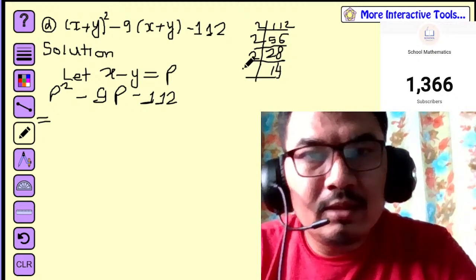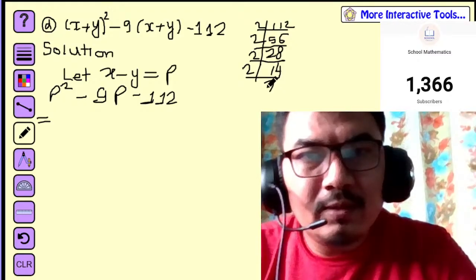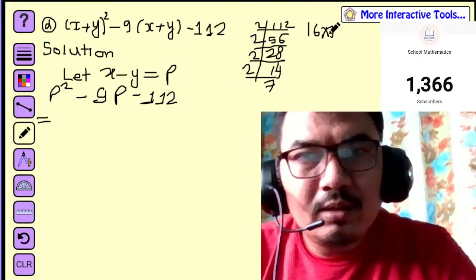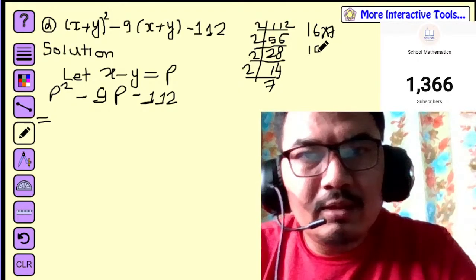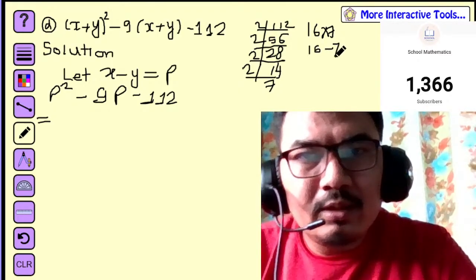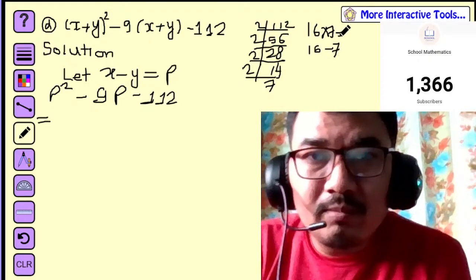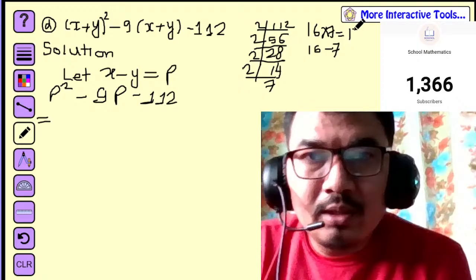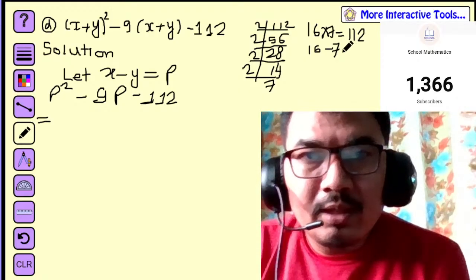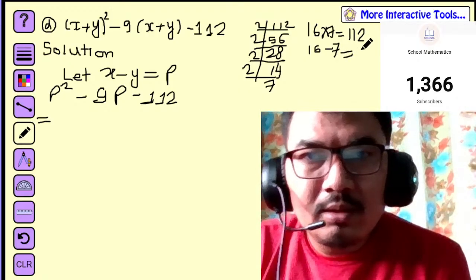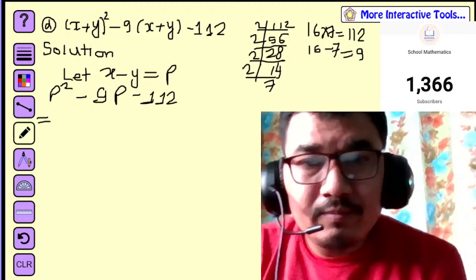Again we can do factorization, 2 7s are 14. From here, 2 to the 4, 4 to the 8, 8 to the 16, one factor we make as 16 into 7, and 16 minus 7. When you multiply, 112 will come, and the subtraction will come here, 16 minus 7 is 9.